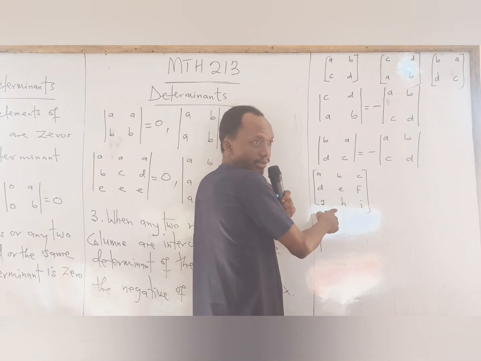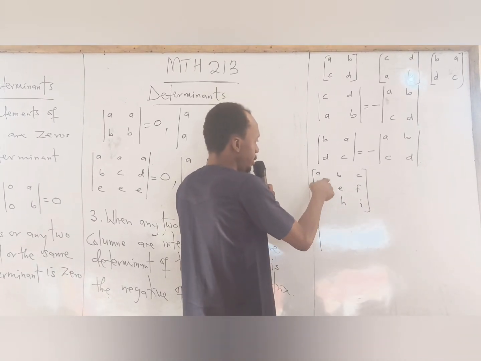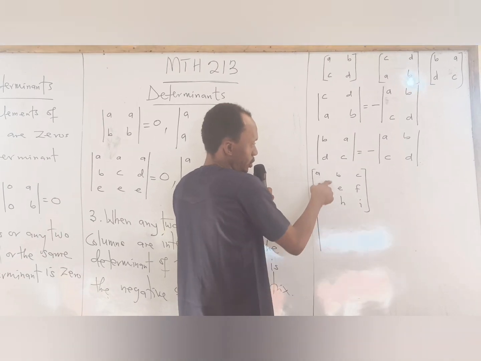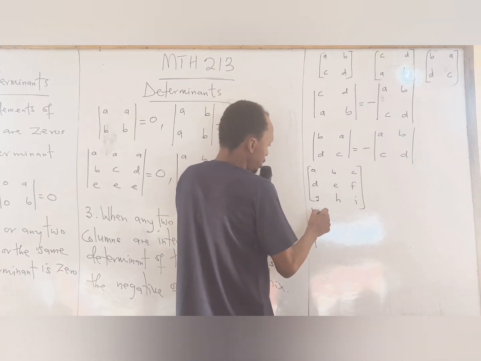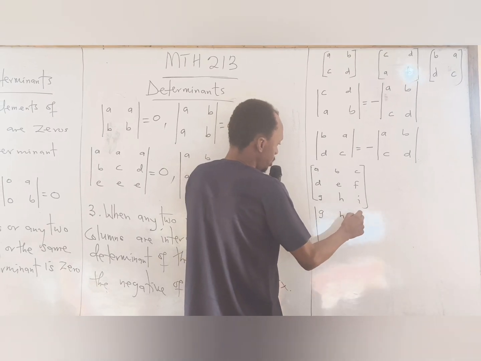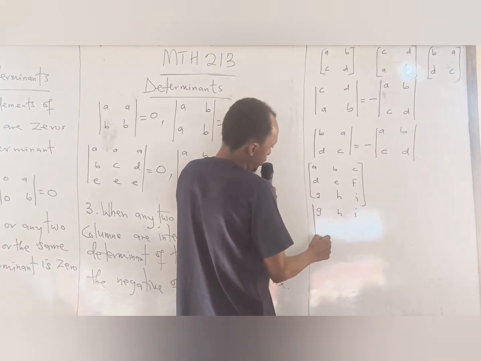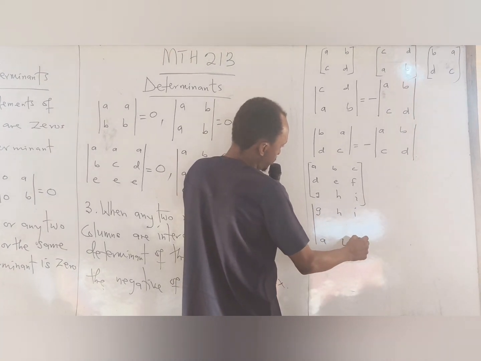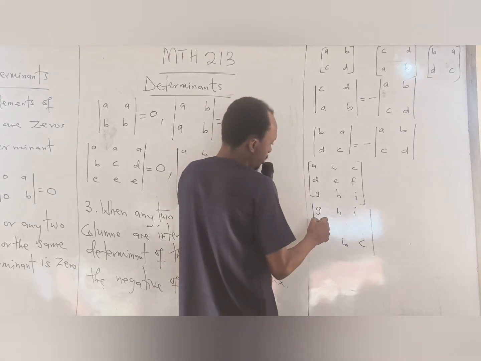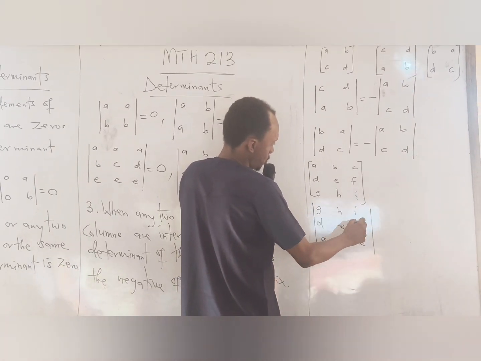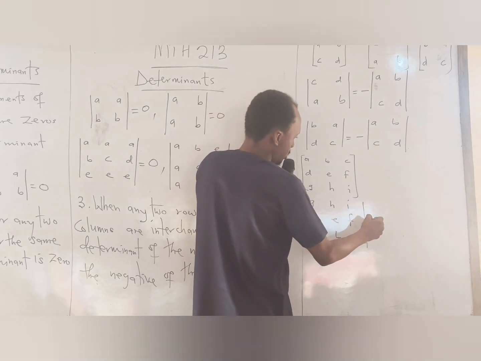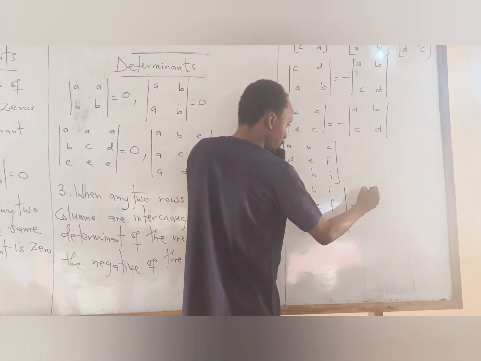So let's interchange these two rows and leave this one. When we interchange, we get G, H, I, A, B, C. We've done nothing to the second row. Can you all see? So this one is equal to the negative of the original.